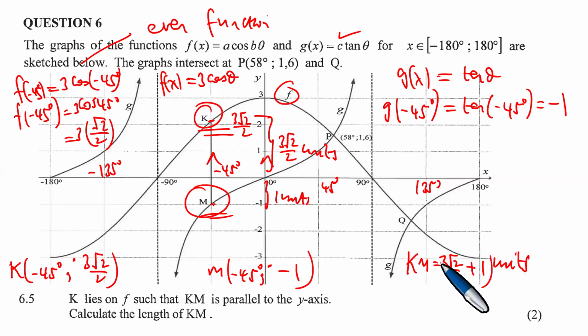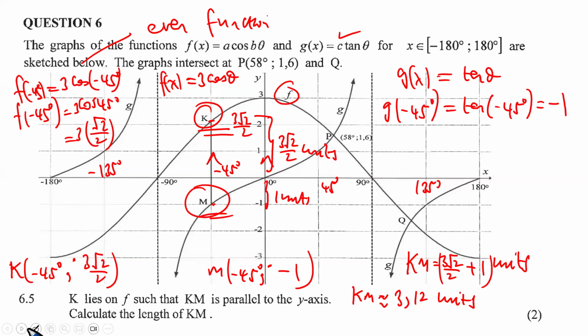Therefore KM is approximately, if you use a calculator, 3.12 units. And that will be the length of KM, exactly that amount of distance over there.